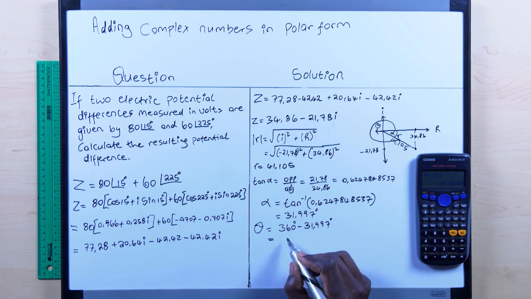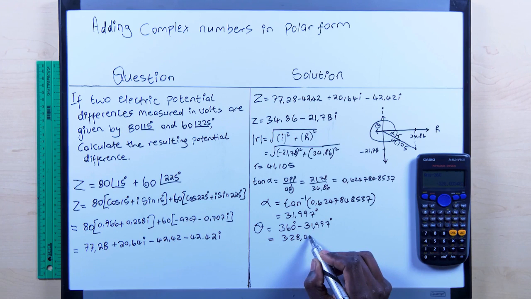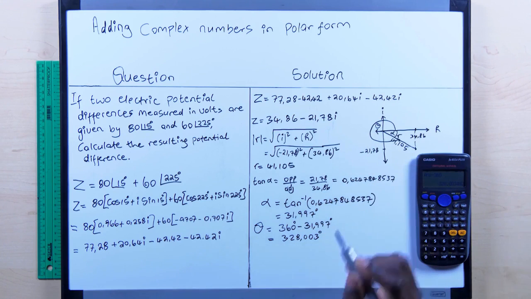You're going to ignore the negative sign because I just pressed shift minus 360. Now that's the magnitude of theta. What does it actually mean?